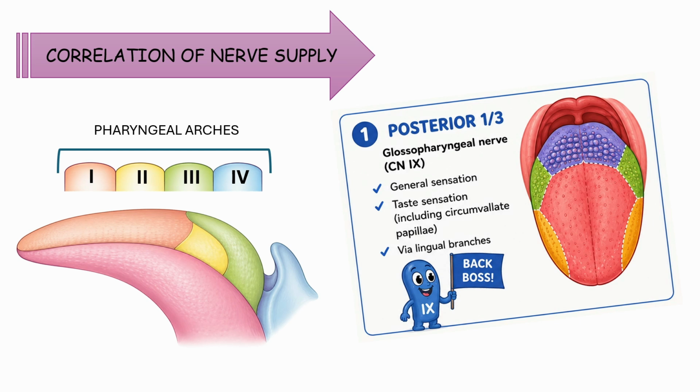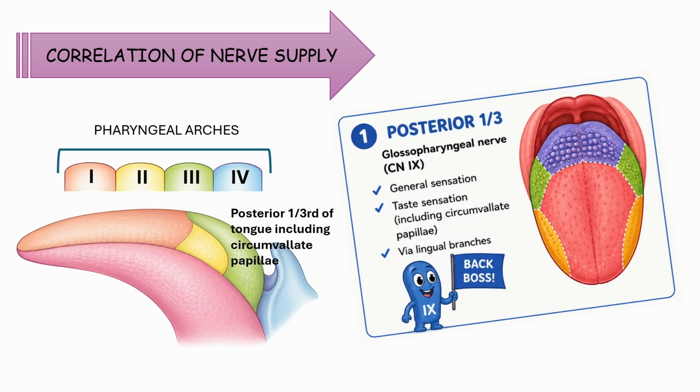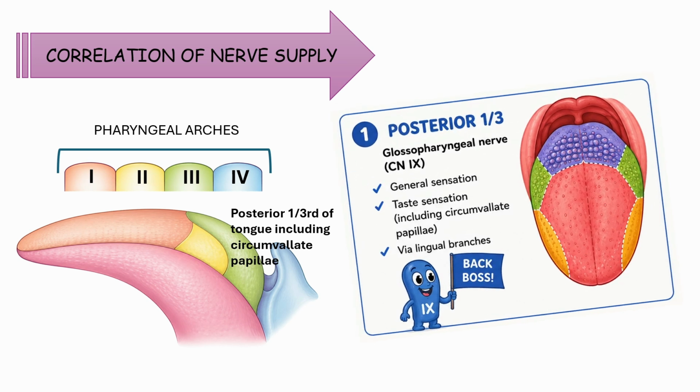Now we have seen that the posterior one-third of the tongue, that is the pharyngeal part of the tongue, is developed from the cranial part of the hypobranchial eminence, which develops in relation to the second and third arch. Since the portion of the hypobranchial eminence which comes from the third arch overpowers the second arch, the second arch is getting buried here, and we can see the third arch portion becoming more prominent here.